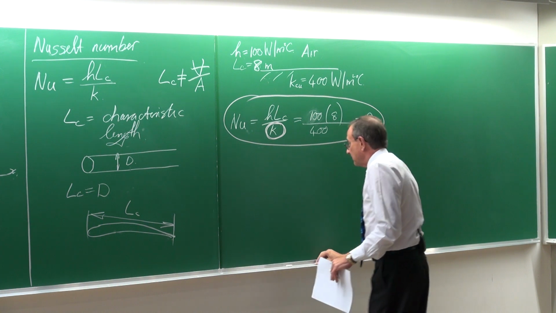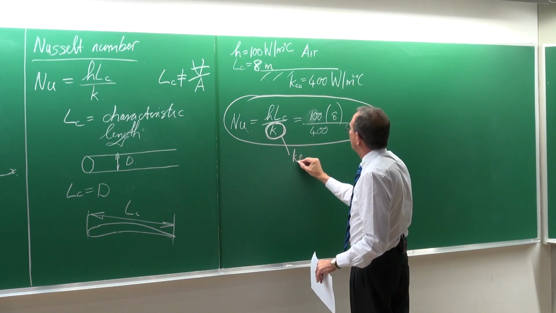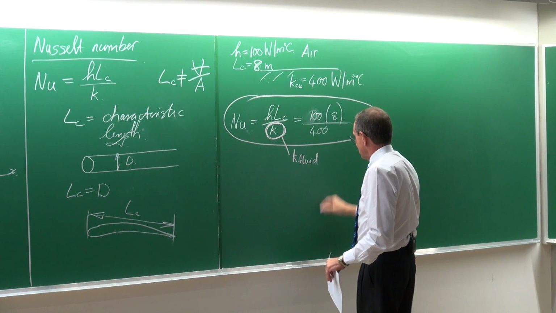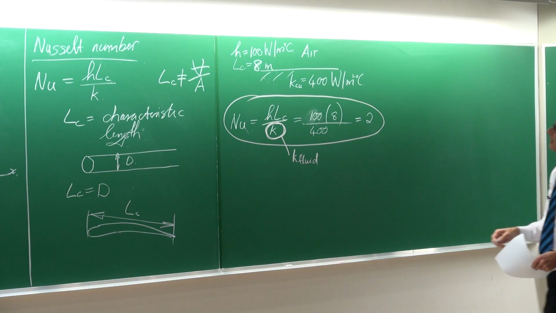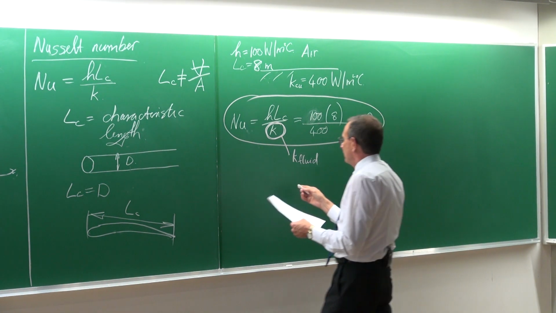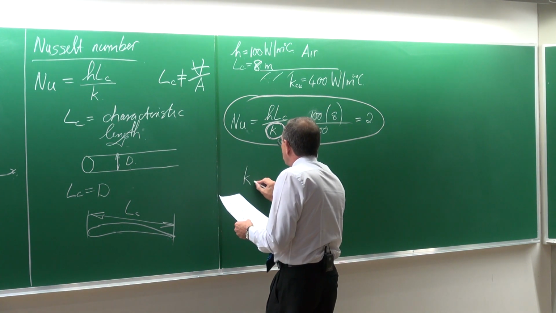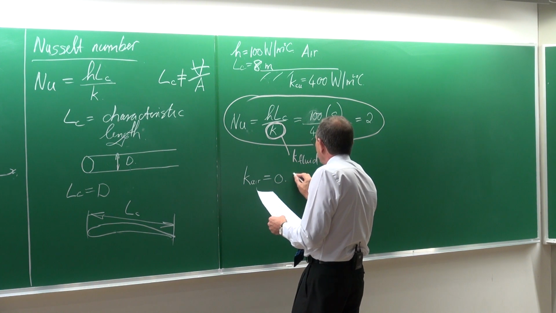Because this should be the K of the fluid, the Nusselt number of convection heat transfer. Okay, now I didn't put in the K value of air, but maybe some of you, if I had given the air value, would have used that value.